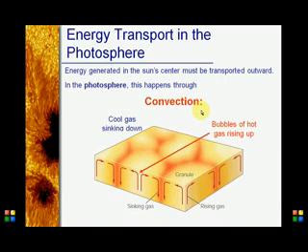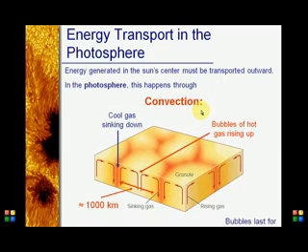So, how is energy transported in the Sun, in the photosphere? Well, there are three main types of energy transport or heat flow. The first type is conduction.